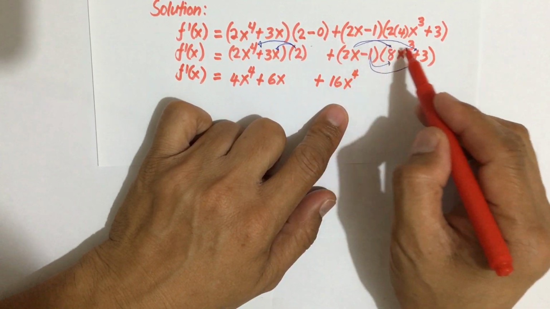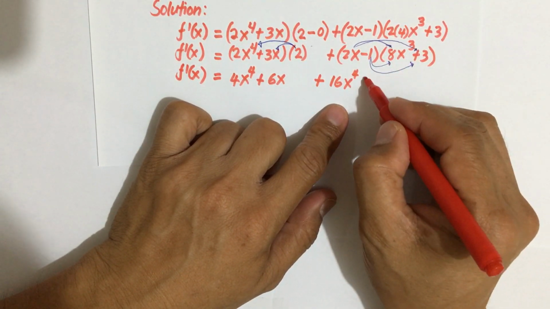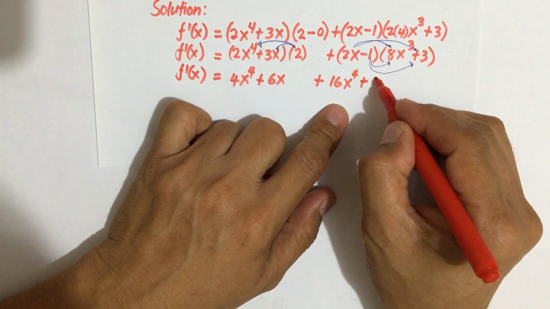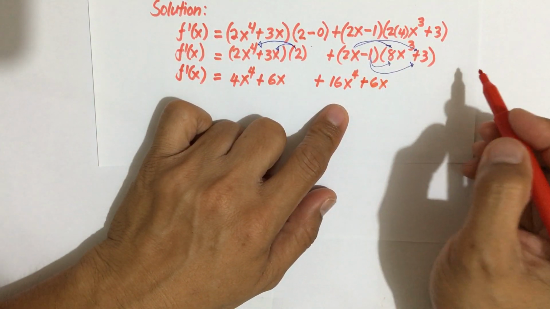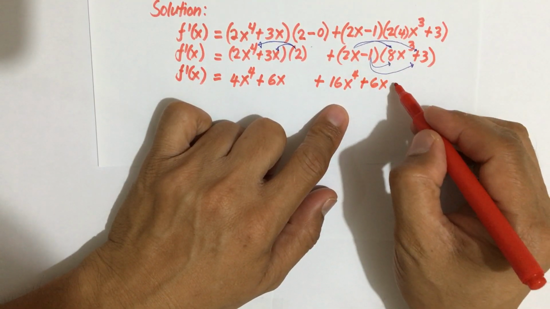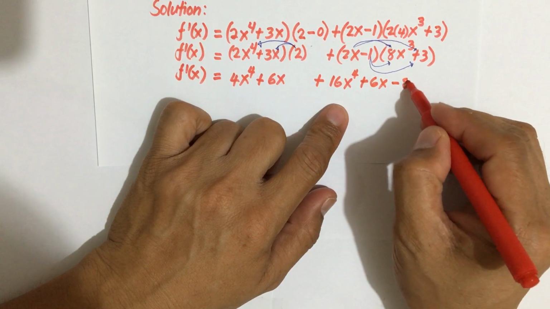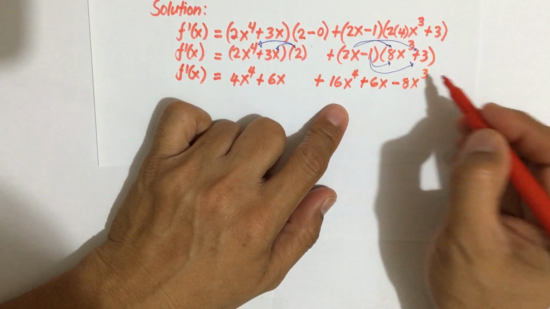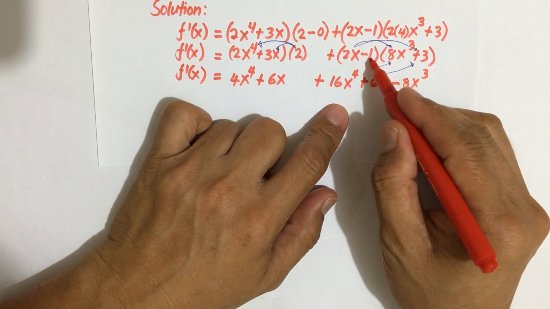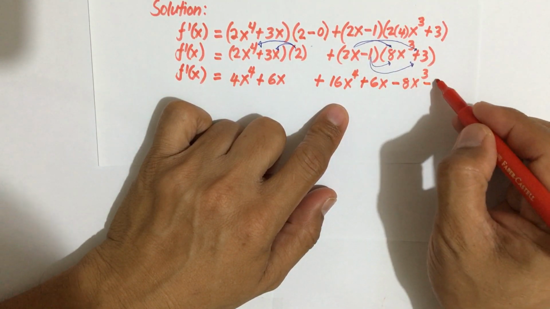Then plus 2x times 3, so that is 6x. And then we have negative 1 times 8x cubed, so that is minus 8x cubed, and then minus 1 times 3, so minus 3.